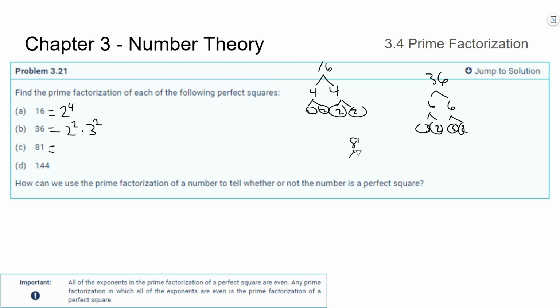All right, how about 81? 81, we have 9 times 9. And so you see this pattern here where the left side of this tree is going to be the same as the right side of the tree if you start with the square numbers that you would square to get to the number. Again, we didn't have to start with 4 times 4 to get to 16. We could have started with 2 times 8. We would have gotten the same prime factorization.